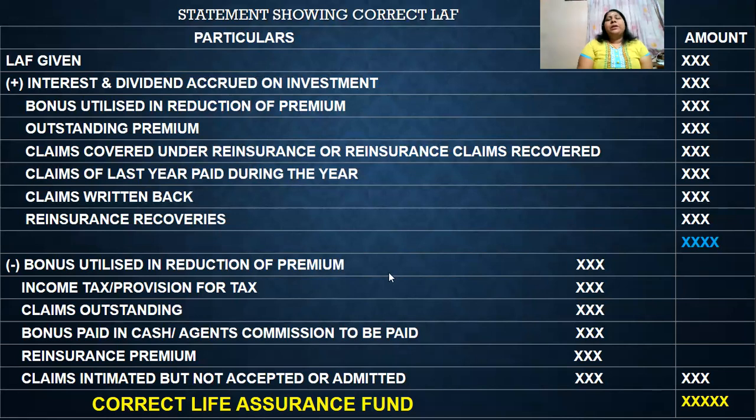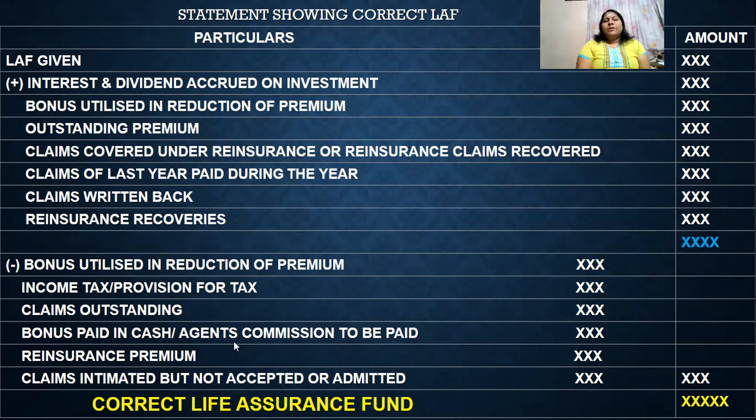From that summation, you need to deduct the expenses given in the question. The other things to be deducted are: bonus utilized in reduction of premium, income tax or provision for tax, claims outstanding, bonus paid in cash, any agent's commission to be paid, reinsurance premium, and claims intimated but not accepted, or claims intimated but not admitted.